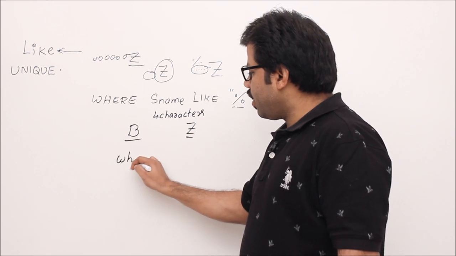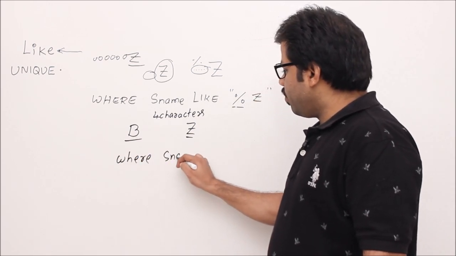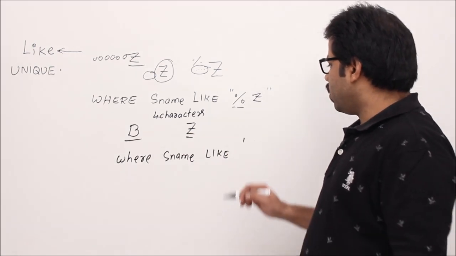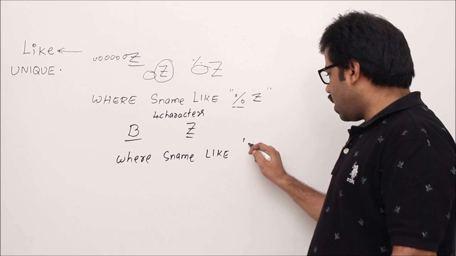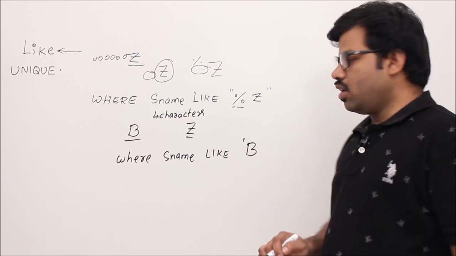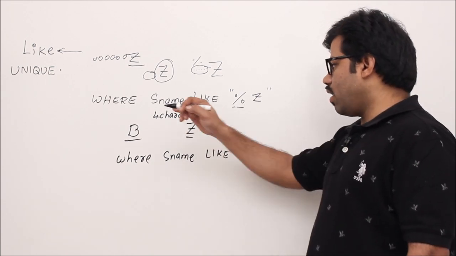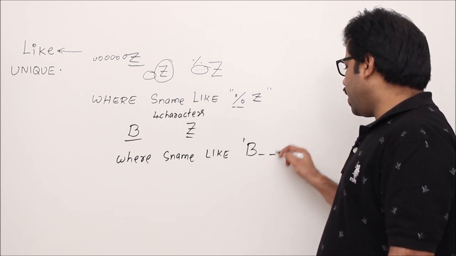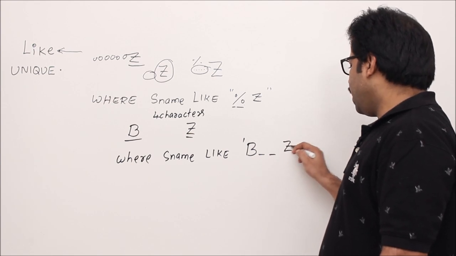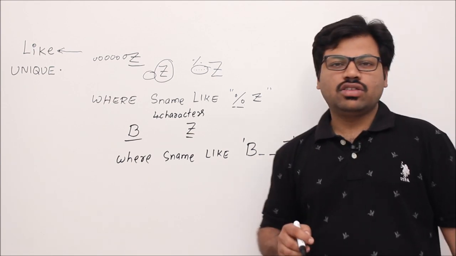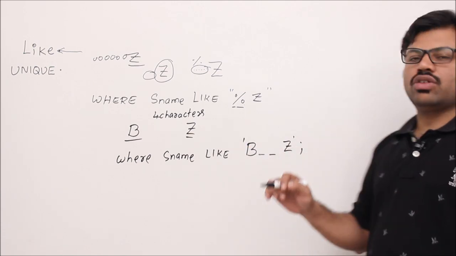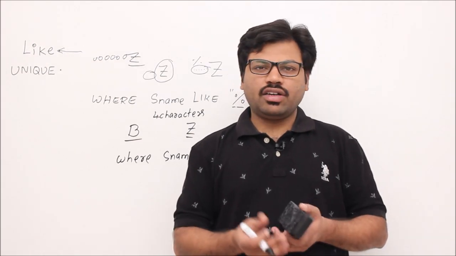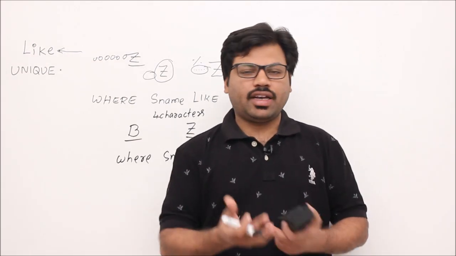You write where sailor name like, apostrophe, and since it should start with B, mention it, followed by exactly 4 characters overall, right? Then the second character can be anything, the third character can be anything, the fourth character should be Z, right? Then only it will end with Z. So this is the idea about using underscore. Using underscore and percentile, based on the requirement, we can easily write any query.